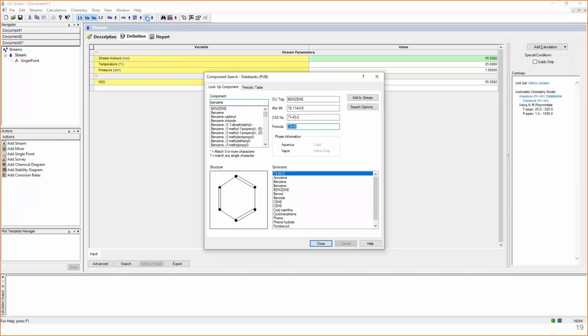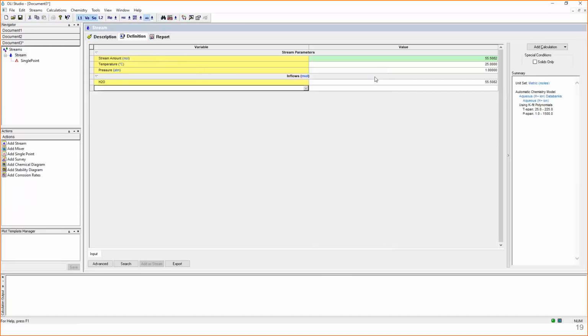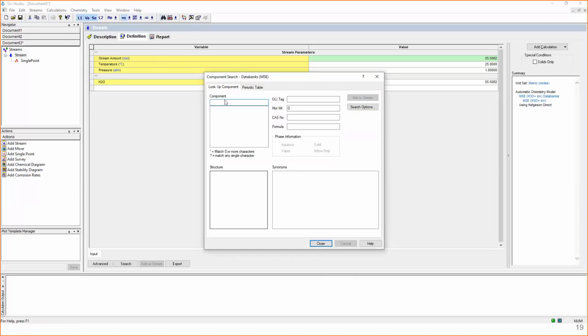Components only in this AQ data bank. So if you want to search in the MSC, for example, you simply click on MSC and then go back to the component search and look for that specific benzene and see if we also have it in there. We do. Okay? So we have benzene, very similar information, etc.